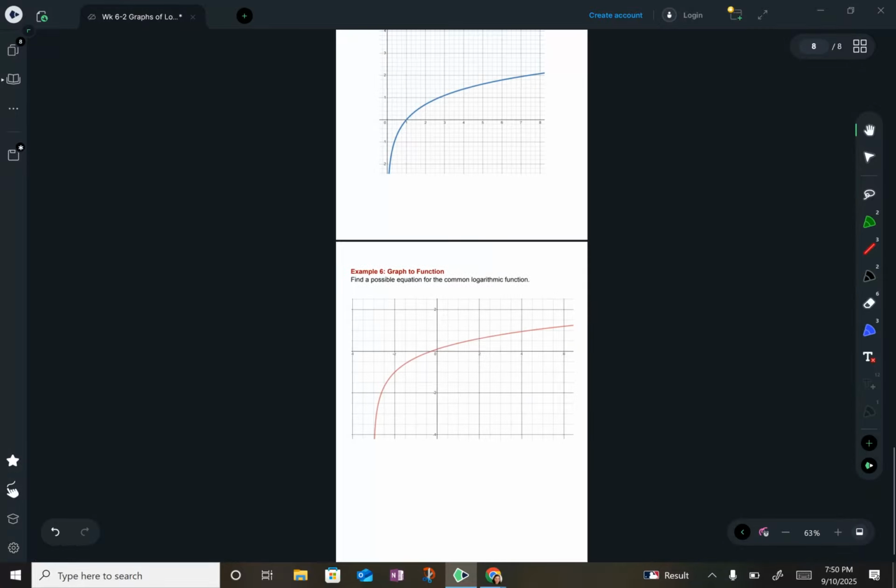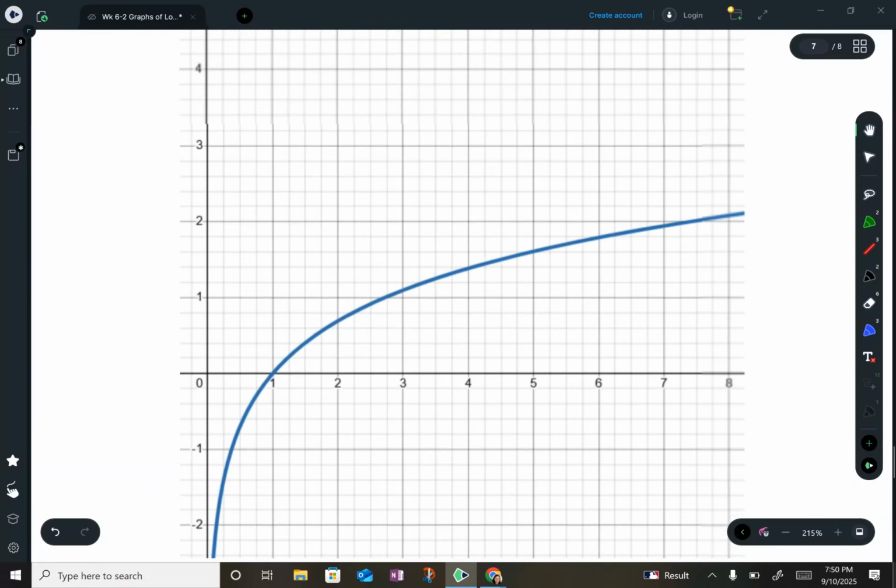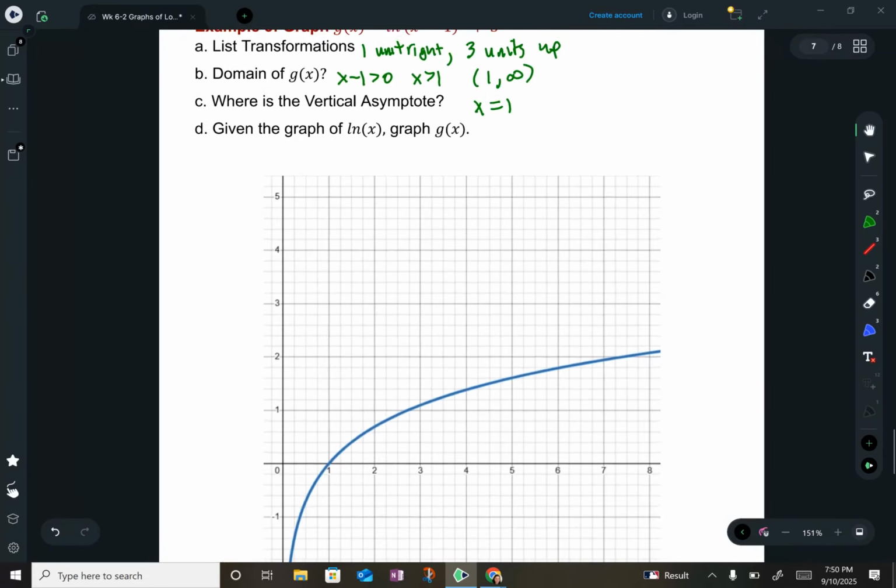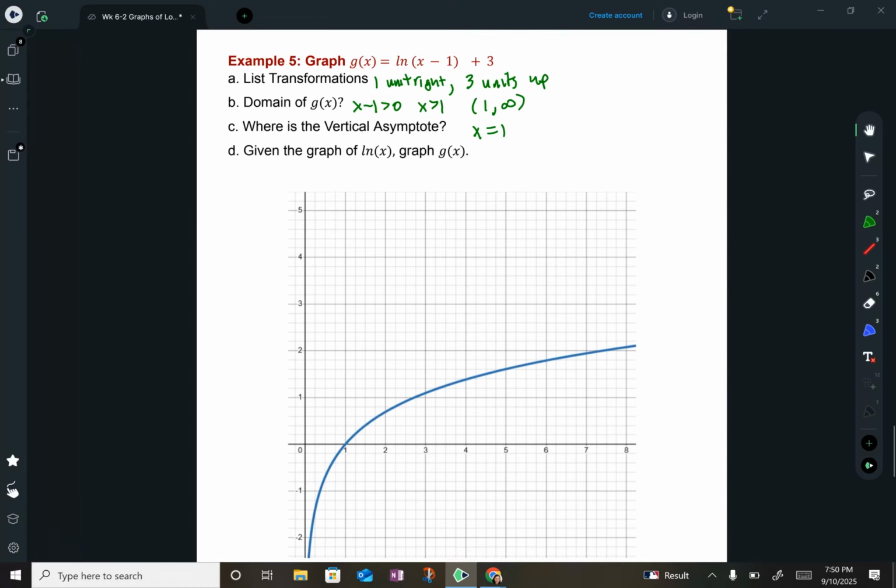I did something crazy. Hang on. Too much. So we're going to shift this graph 1 unit right and 3 units up. Let's start at an easy point, this 1, 0. 1 unit right, 1, 2, 3 units up. And let's pick another point, how about just here at 5.